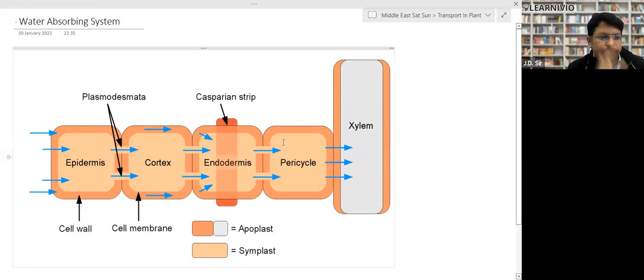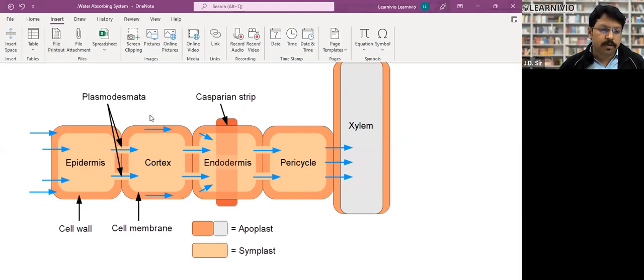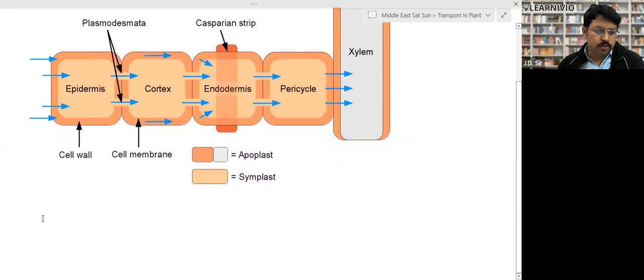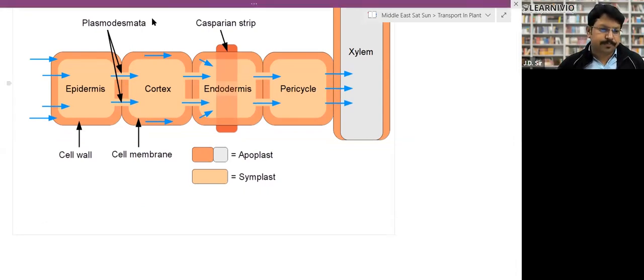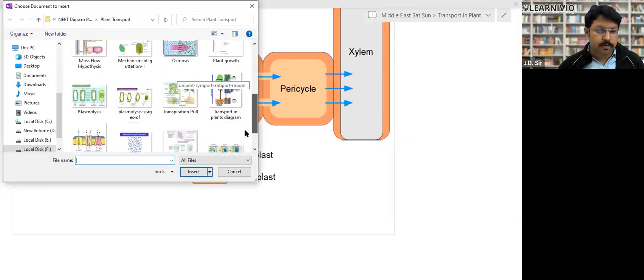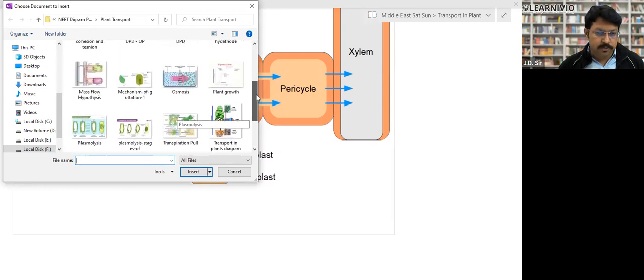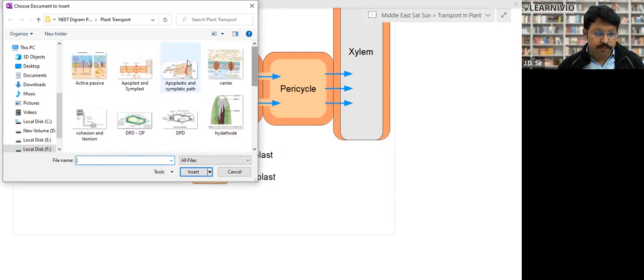Look, first let me explain what the apoplastic and symplastic pathways are. Water absorption takes place in the root, so I want to show you one more diagram of the root anatomy. We have already discussed root anatomy in the plant tissue part, and I want to refresh the same concept.